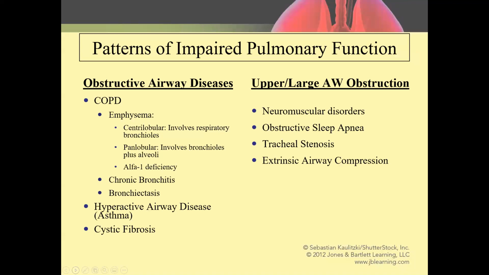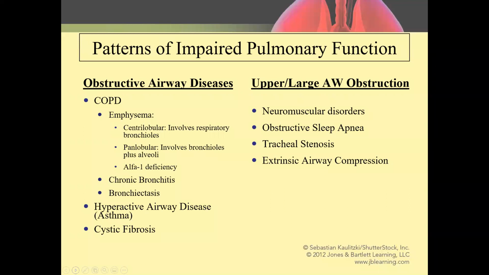And indeed, there are some conditions where an individual can have a condition that is both fibrotic, or restrictive, and obstructive. Let's take a look at some of the actual conditions. So obstructive airway disease, some of the common ones: COPD. Again, in this particular slide, they lump bronchiectasis into COPD. We can debate that till we're blue in the face.